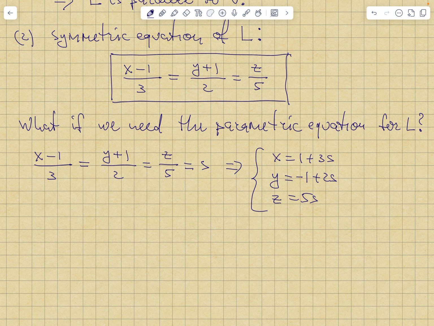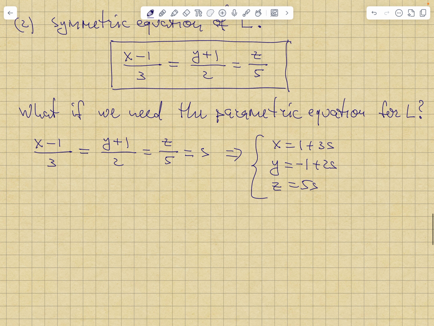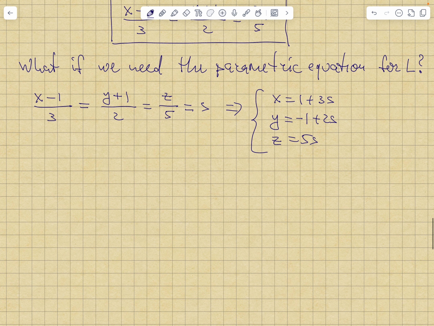One other thing to notice here. So next example.